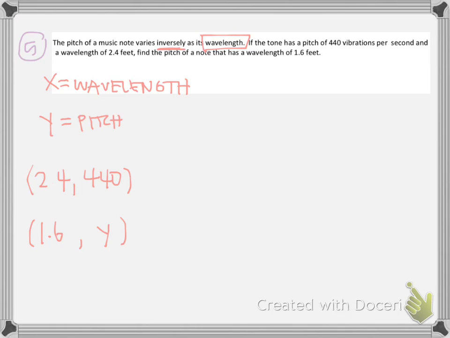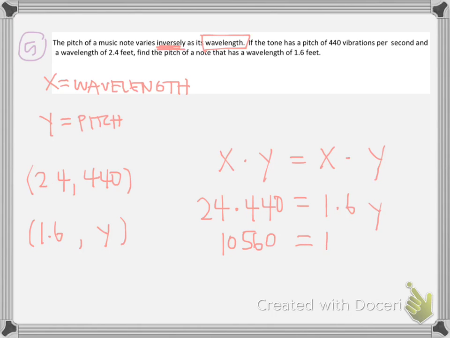So we have an inverse relation here. That means x times y is equal to x times y. So we'll say 24 times 440 is equal to 1.6 times y. 24 times 440 is going to be 10,560, and divide both sides by 1.6.